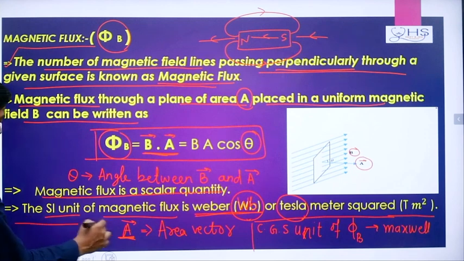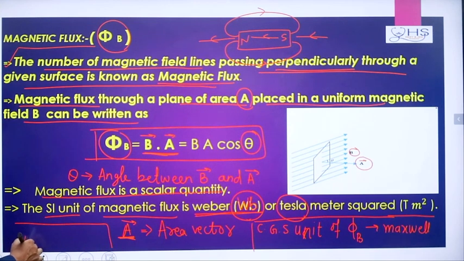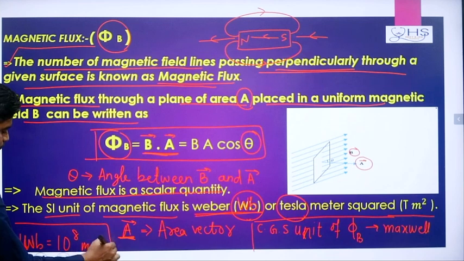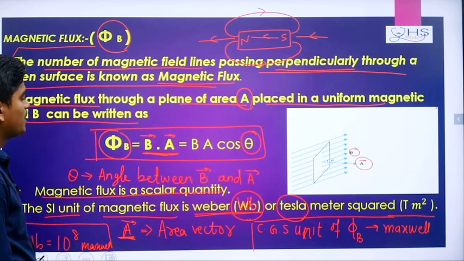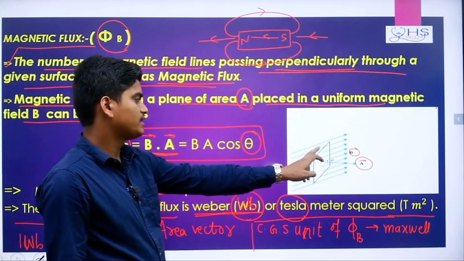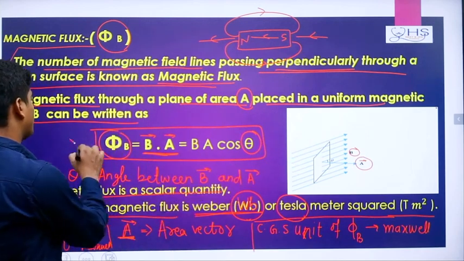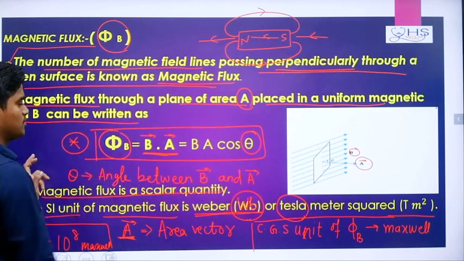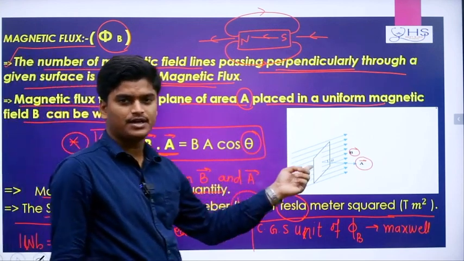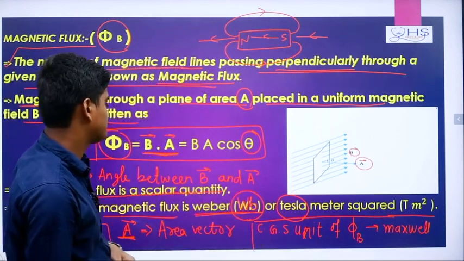And there is a relation between Maxwell and Weber: 1 Weber equals 10 to the power 8 Maxwell. So this is the whole idea about magnetic flux. If a uniform magnetic field is there, then this is the formula for magnetic flux. If a non-uniform magnetic field is there, what is the magnetic flux formula? That we will discuss.